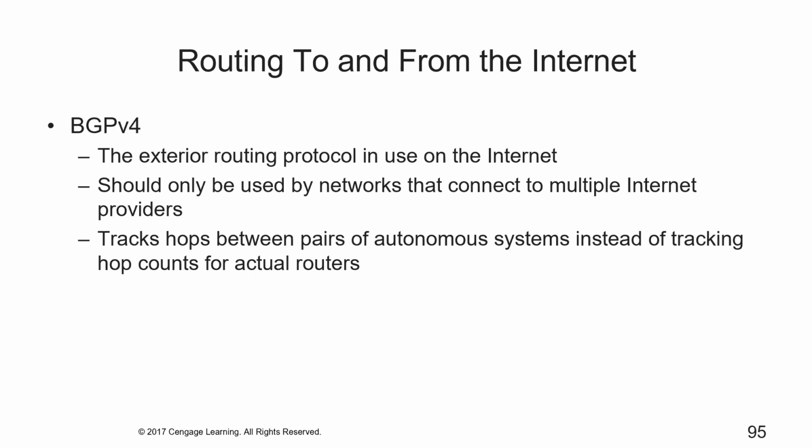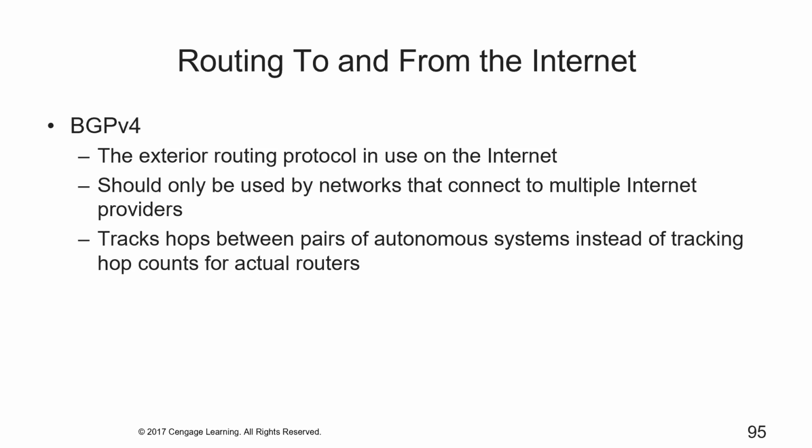So, routing to and from the internet. BGP4 is the exterior routing protocol in use on the internet, at least at the time of the book. BGP probably doesn't deserve its arcane reputation. It requires a major hardware investment if it's to be deployed properly.